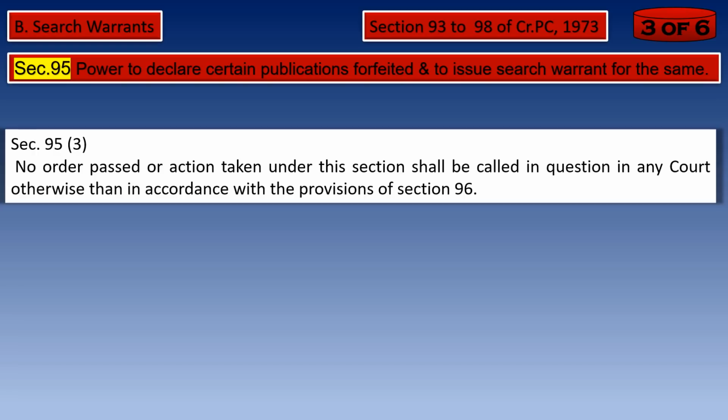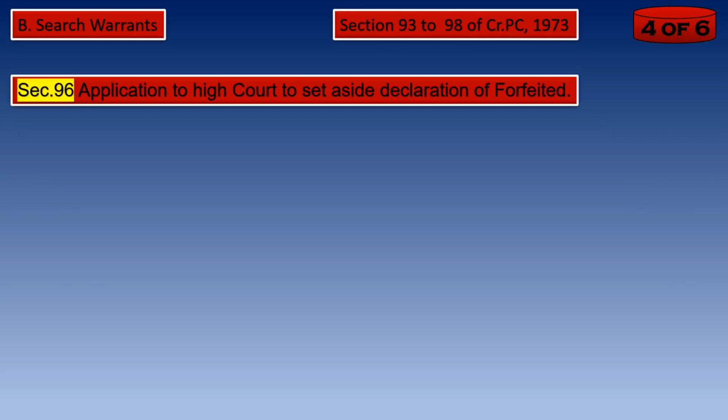If the government or the police do exceed their power or wrongfully seize some document, newspaper or a book, we have a remedy as per section 96. Fourth point of search warrants: application to High Court to set aside declaration of forfeiture as done under section 95.